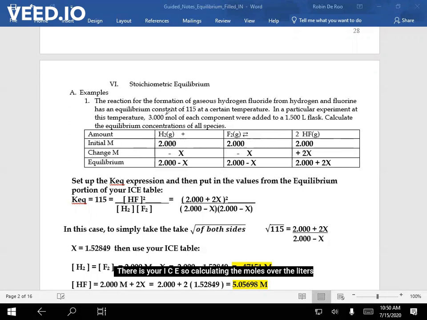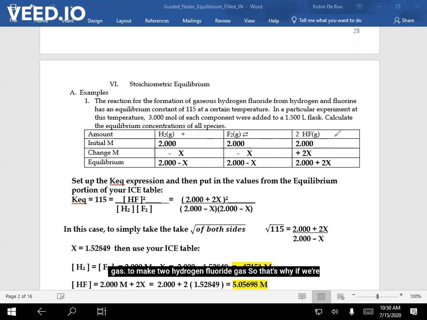Calculating the moles over the liters, we would get the molarity of the hydrogen gas as 2, the molarity of the fluorine gas as 2, and the molarity of the hydrogen fluoride as 2. If we look at our equation, we have 1 hydrogen gas and 1 fluorine gas to make 2 hydrogen fluoride.